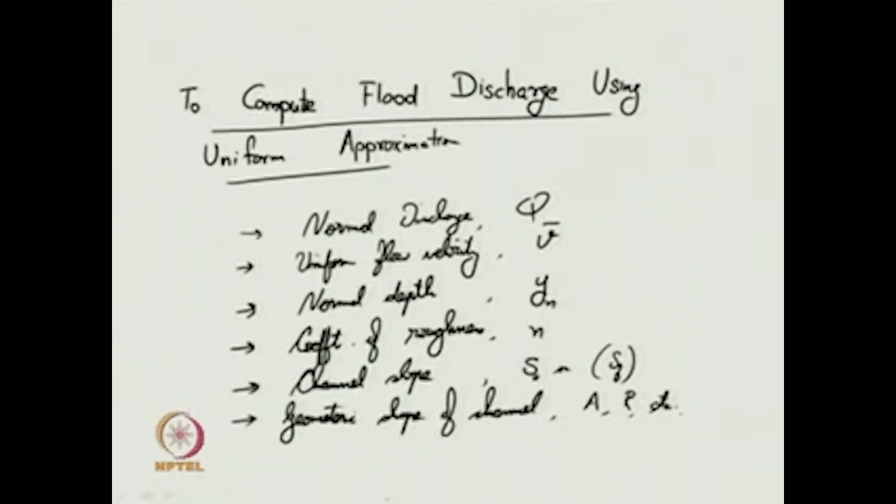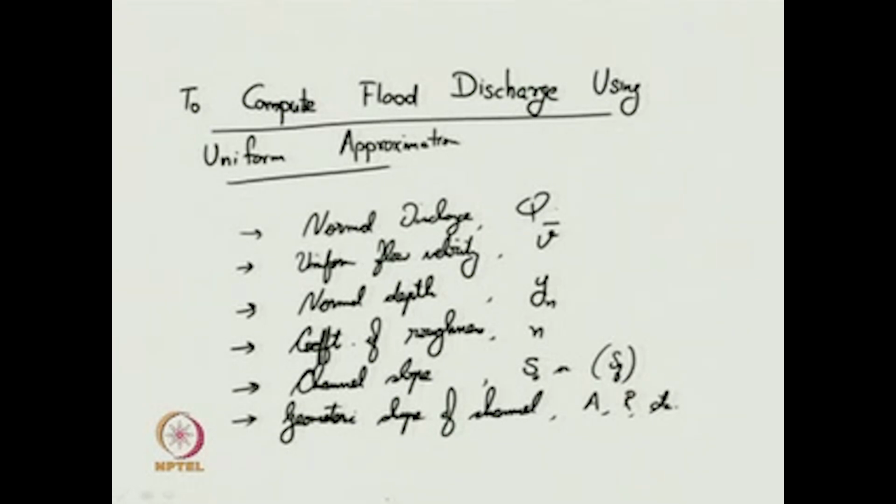For example, if you are given all the other parameters, say normal depth Yn, coefficient of roughness N, channel slope S naught, and the geometric shape of the channel A and R, you can easily compute the uniform flow velocity as well as the normal discharge Q in the channel.